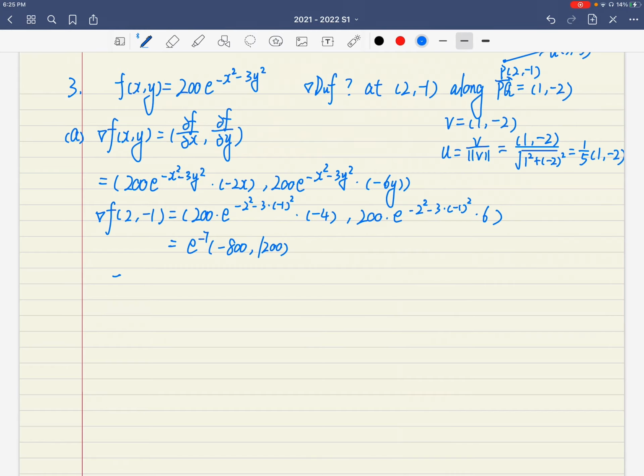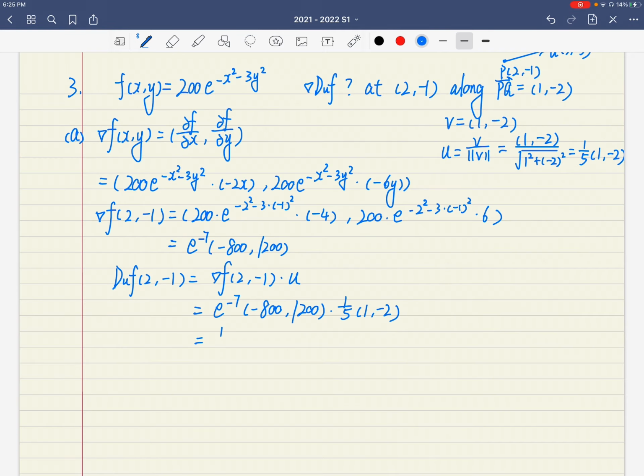Okay, so for part A, the directional derivative at the point 2, negative 1 along the direction u, it's just the gradient vector dot product the unit vector of the direction. So it's e to the power of negative 7, negative 800, 1,200, dot product 1 over root 5, 1, negative 2.